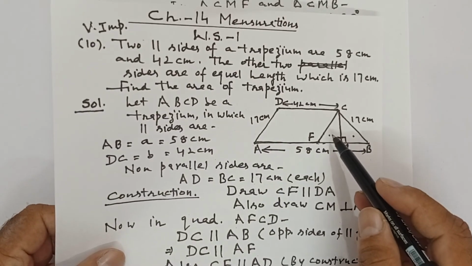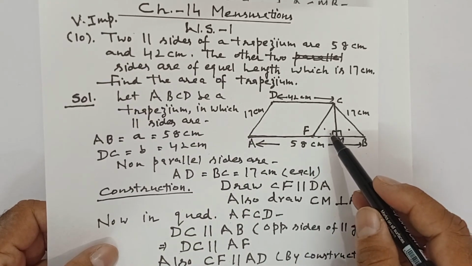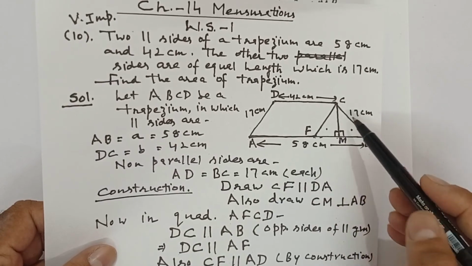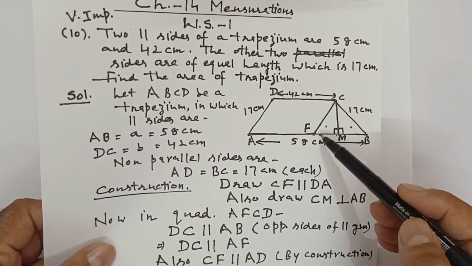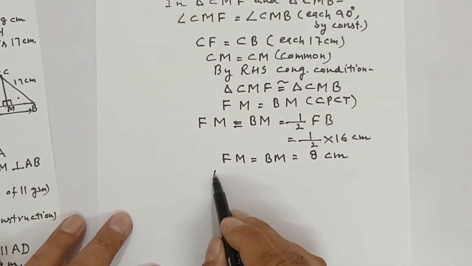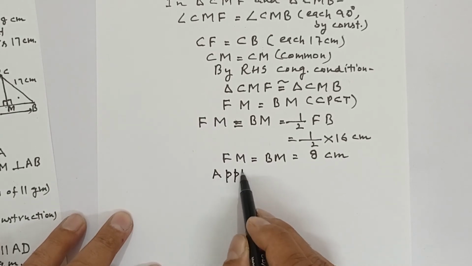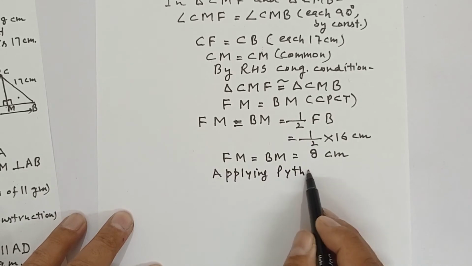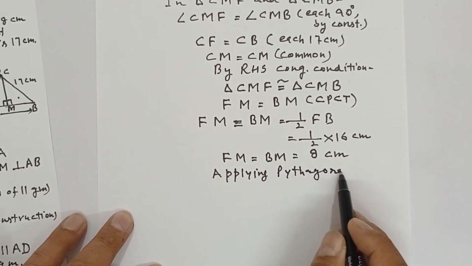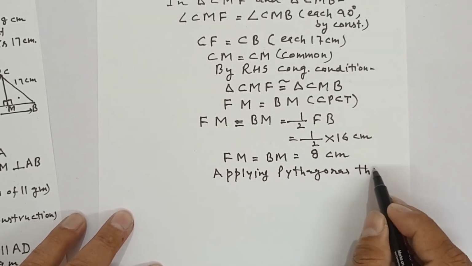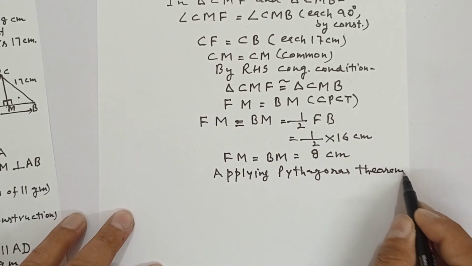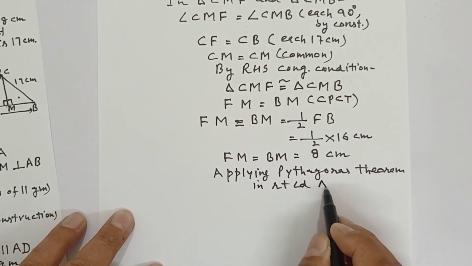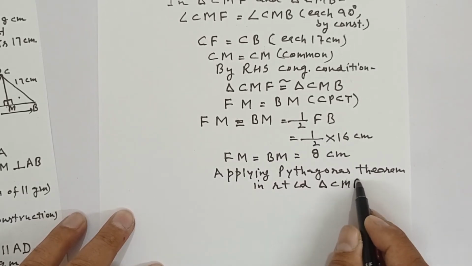Now, I will take any one of the right angle triangles out of these two and I will apply Pythagoras theorem. Suppose I am taking CMF. So what will I write? Applying Pythagoras theorem in right angled triangle CMF.